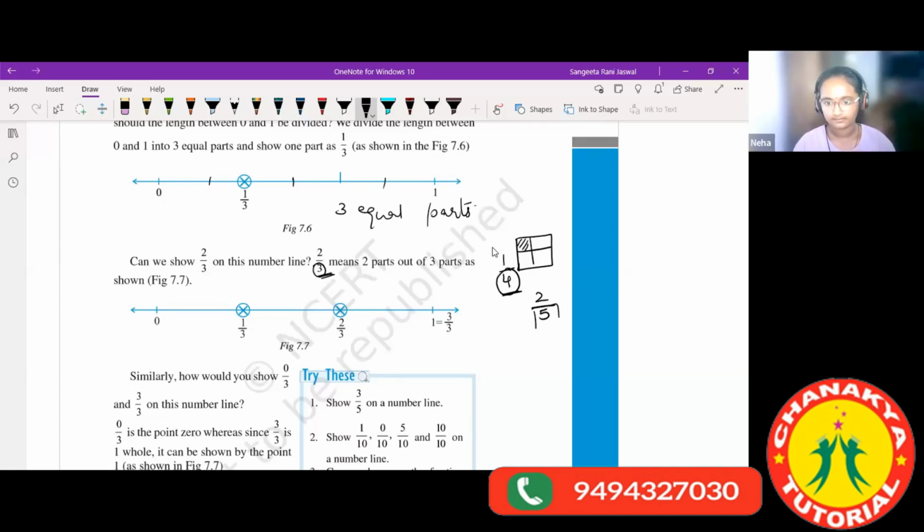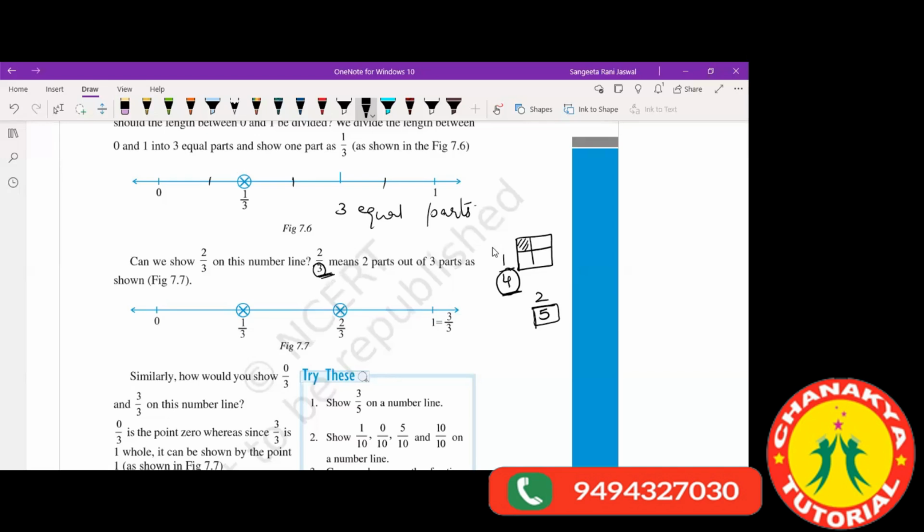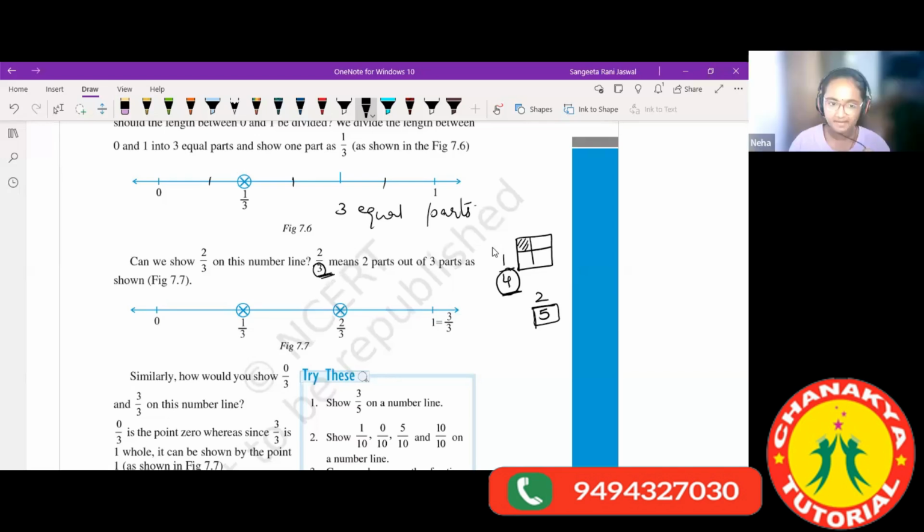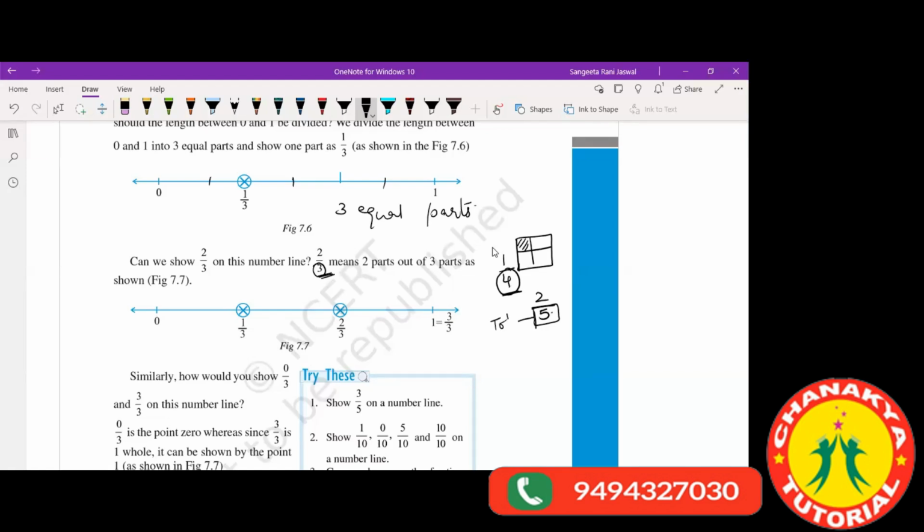Whatever you have in the denominator gives you the total parts. Are you understanding? So you will divide the number line into that many equal parts. If I'm saying 2/5, you will divide 0 to 1 into 5 equal parts.